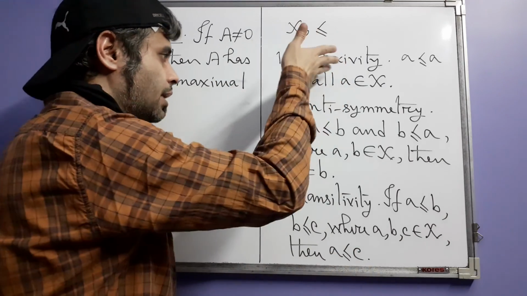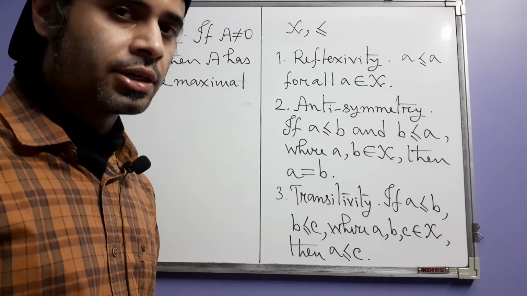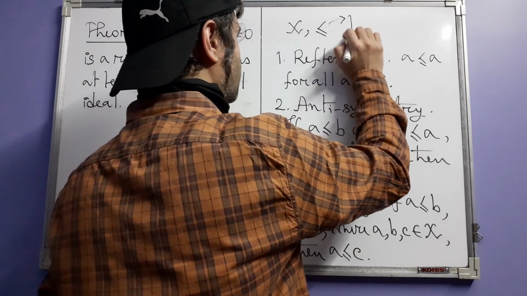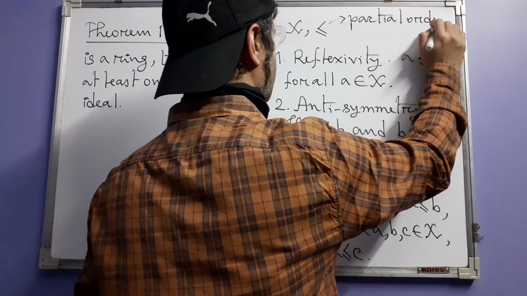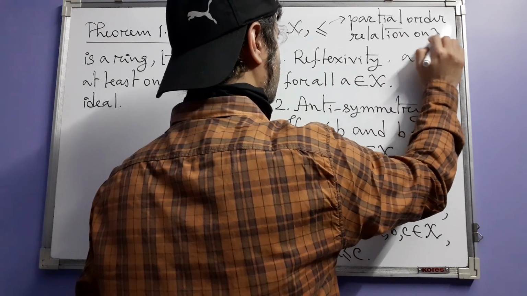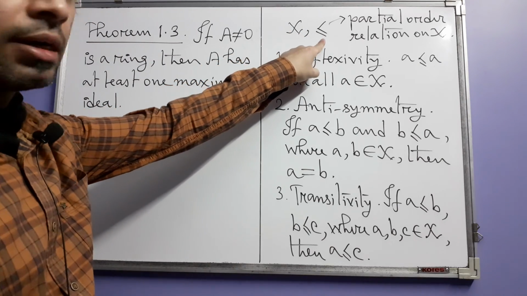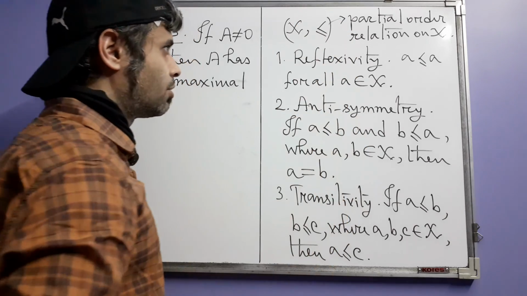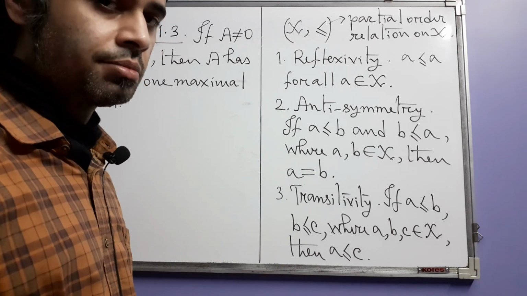If this relation satisfies these three conditions, then it's called a partial order relation on X. A set X with a partial order relation on it, that is this pair, is called a partially ordered set, sometimes in short POSET, P-O-S-E-T.